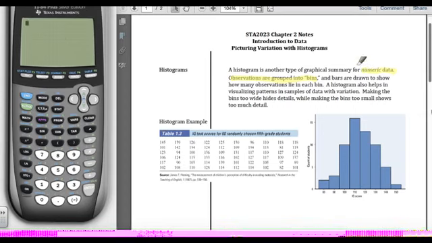The histogram helps in visualizing patterns, such as what's typical, what's not typical, with the variation that we see in our data. Now, a few things to note about these bins. The bins pretty much refer to a range of values.